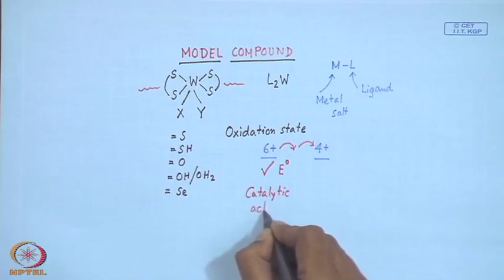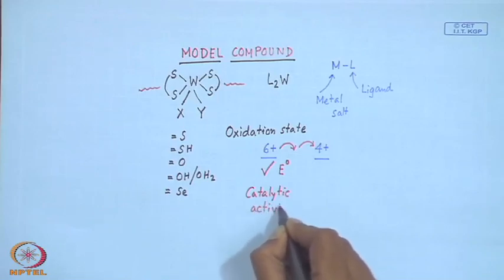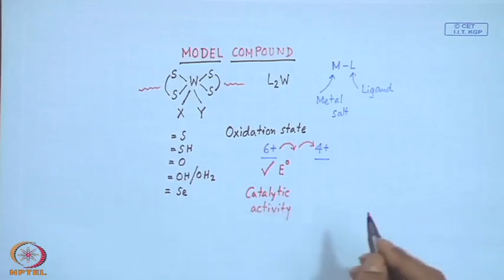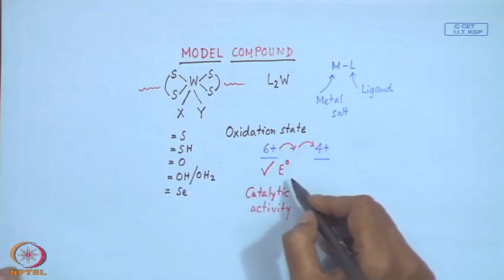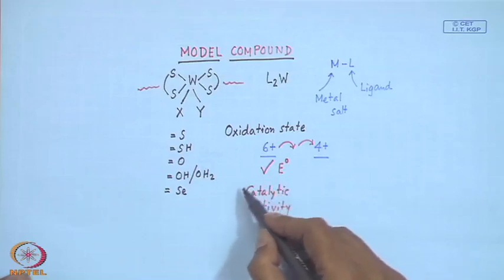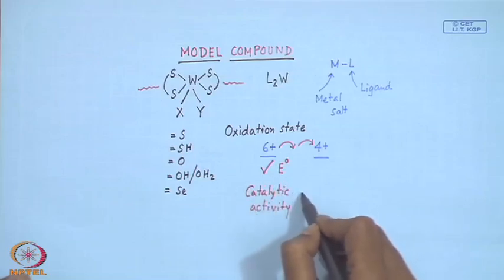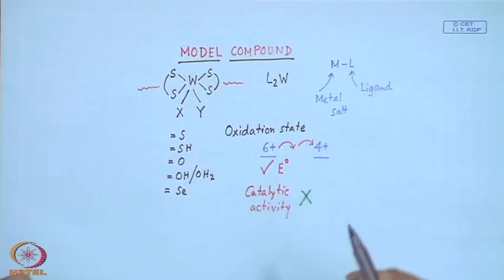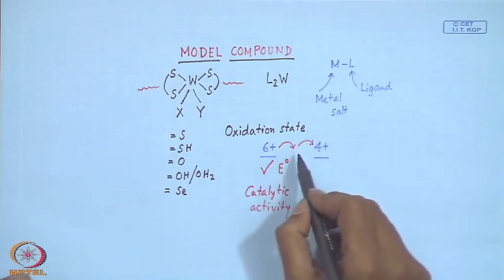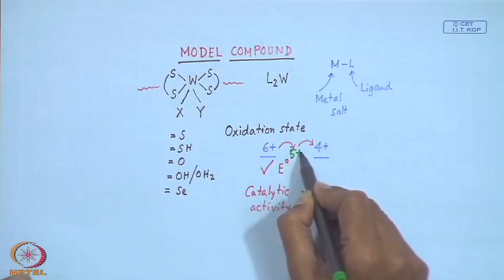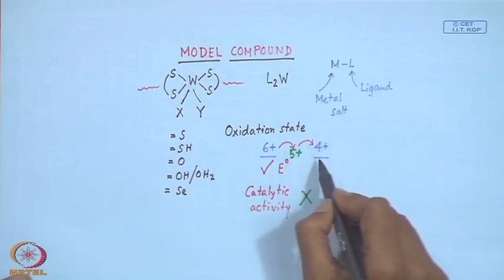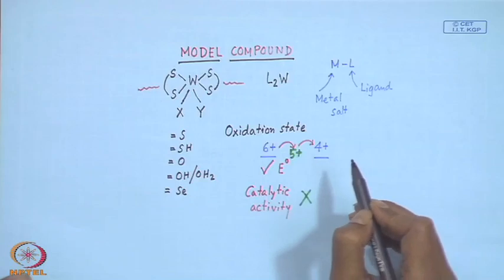The catalytic activity for the hexavalent compound can then be scrutinized. But if we find that the compound prepared in the hexavalent state is not catalytically active, we should try to prepare the compound in the pentavalent state or in the tetravalent state.